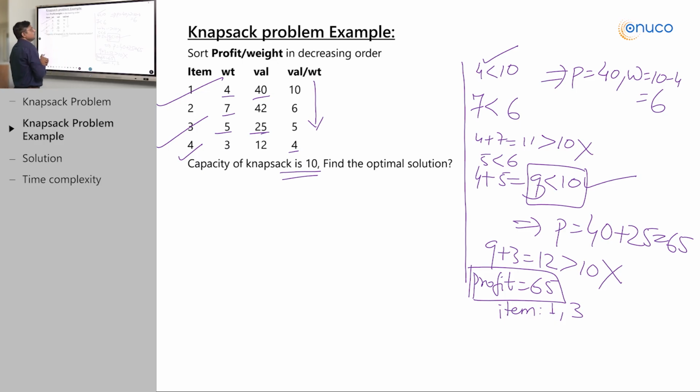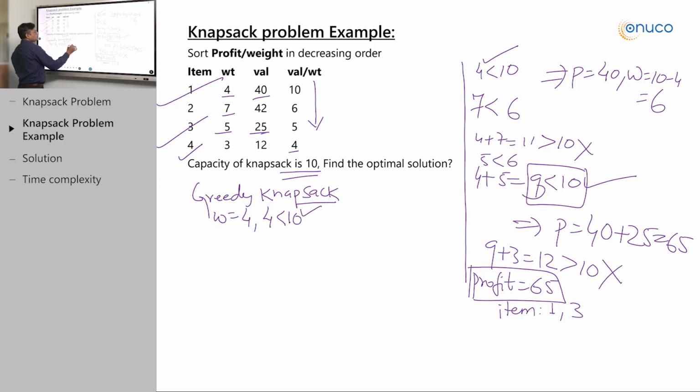But what does greedy knapsack say? Greedy knapsack also allows fractional weight. So once we write in decreasing order, say item 1 is selected. What is the first item's weight? Weight is 4. Is 4 less than 10?